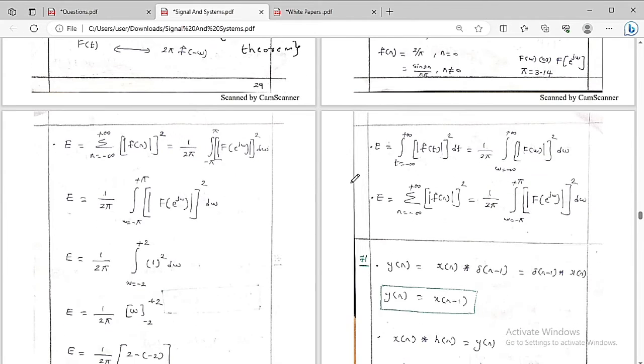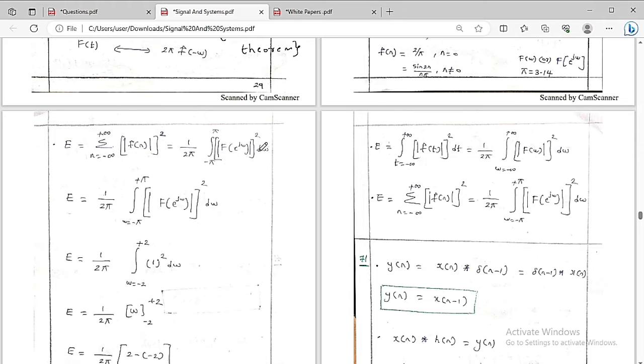Then what is the formula of the energy in the discrete time case? E is equal to sigma n is equal to minus infinity to plus infinity of mod of f of n whole square, which is equal to 1 by 2 pi integration from minus pi to plus pi of mod of f of e to the power of j omega whole square d omega.